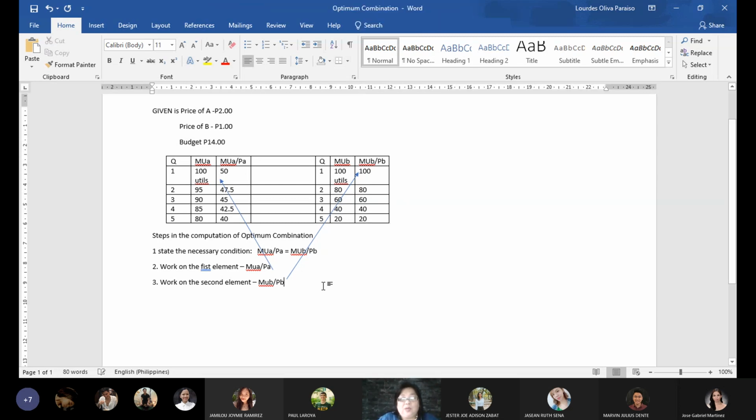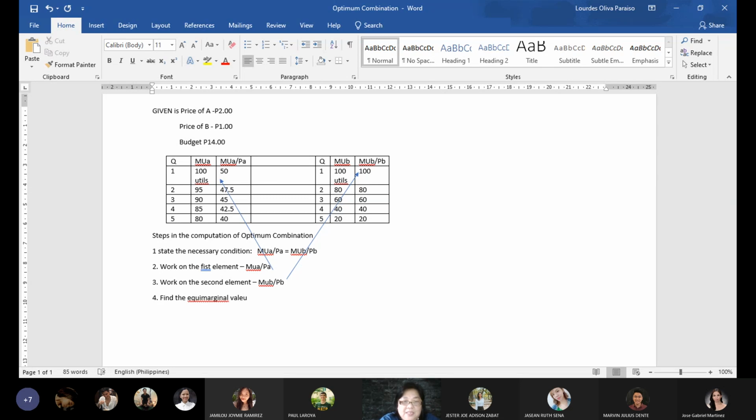Now, what do we need to work on again? This time around, it's going to be step 4. Find the equimarginal value.